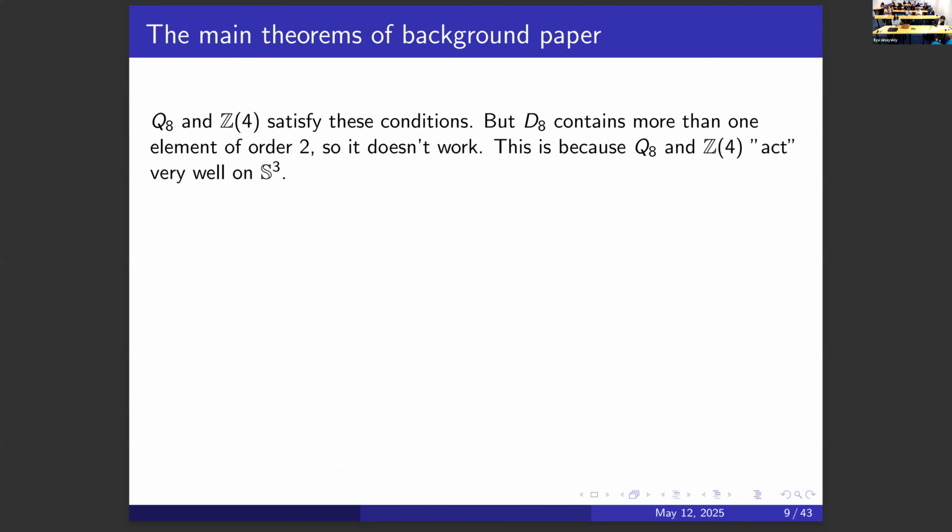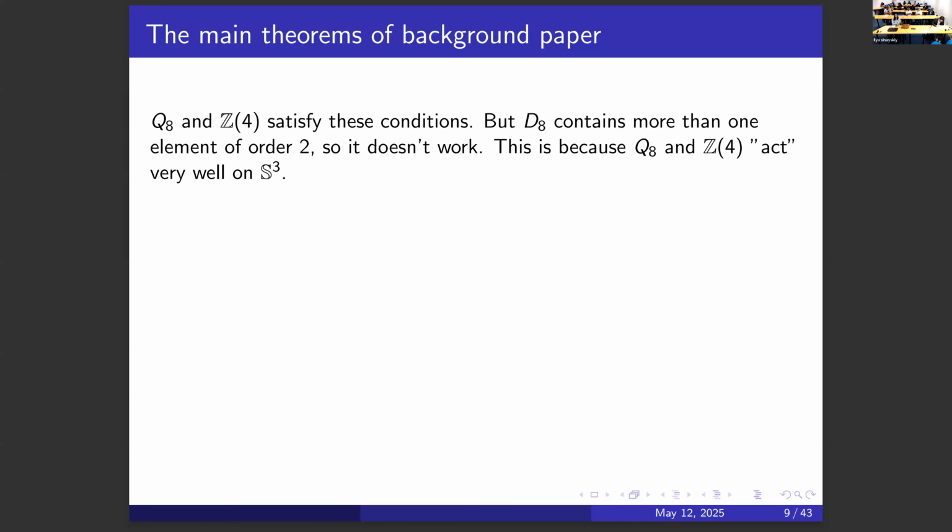And this is because Q8 and Z4 act very well, and this is in the context of group actions, which I will not be defining, but they act very well on S3, the three-dimensional sphere, and this action allowed us to define orbit spaces that maintain the Riemannian structure and also the manifold structure of S3.